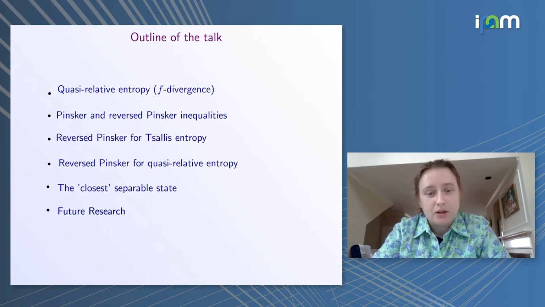And in particular, you can derive the reverse Pinsker inequality for Tsallis entropy and for the relative entropy. And at the end, I will talk about the closest separable state, which of course is how you can measure the entanglement in the system.